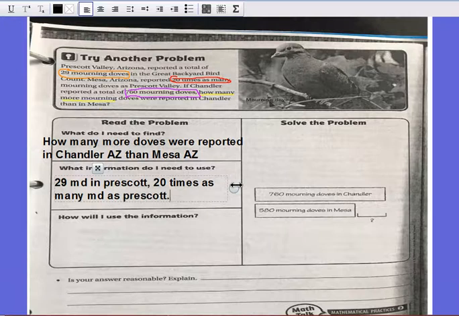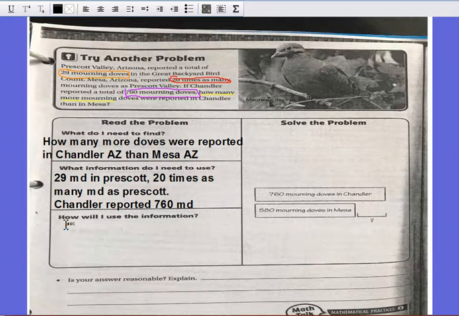And then in the end, Chandler reported 760 mourning doves. Alright, so I got that.